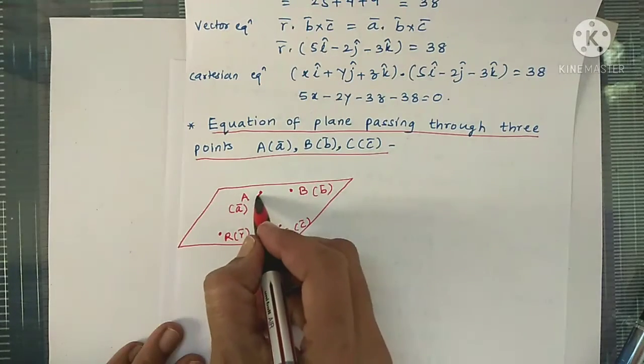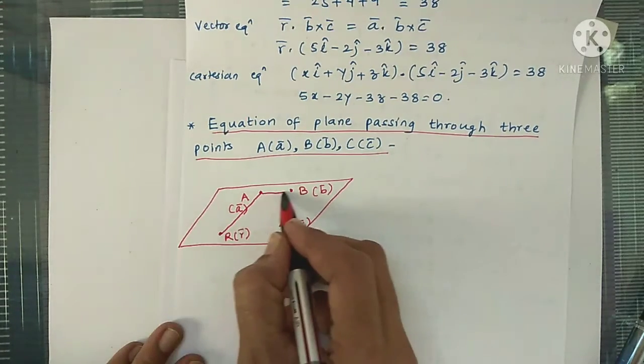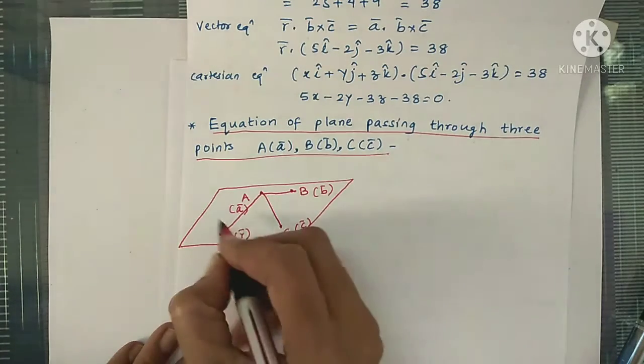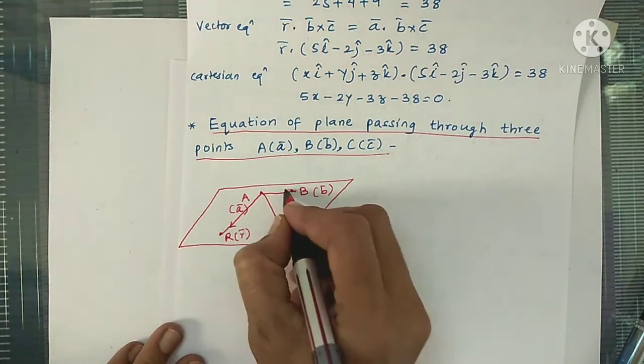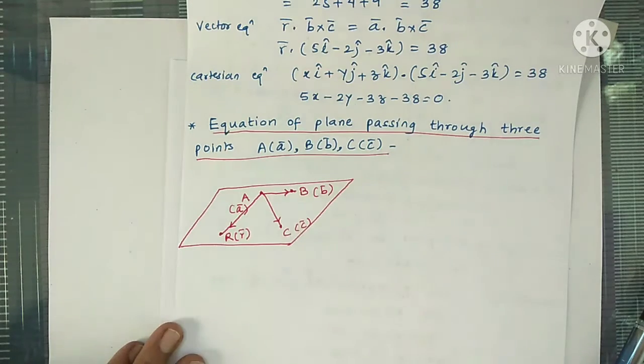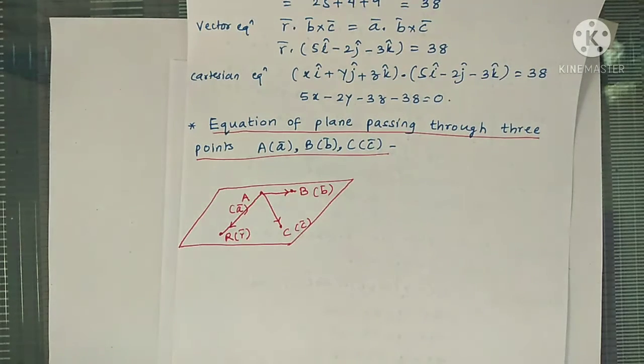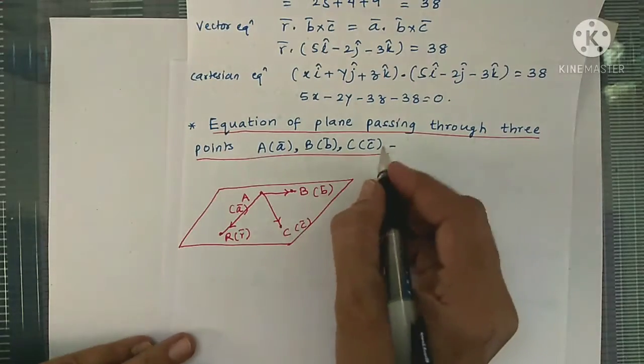Now let's join AR bar, AB bar and AC bar. Now these 3 vectors AR bar, AB bar and AC bar are coplanar vectors. Coplanar vectors mean their scalar triple product is 0. So let's write that.